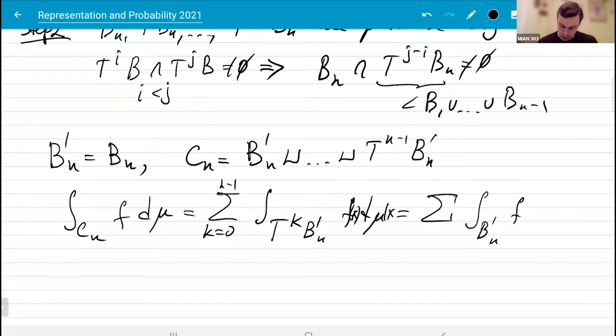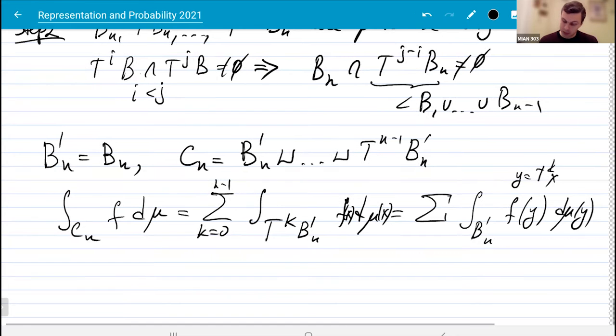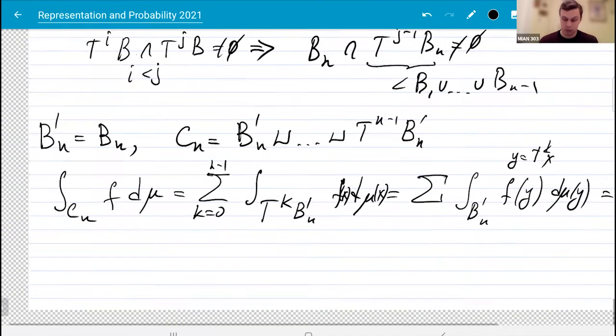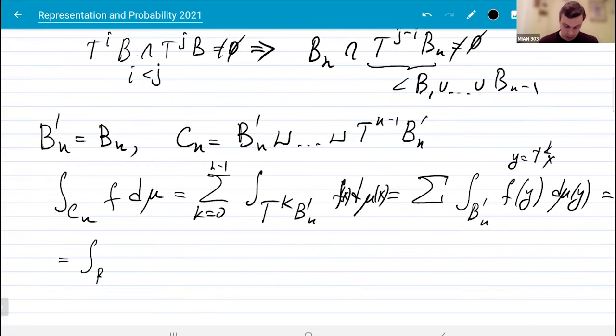Here y equals Tk of x. And here I want to join the integrals again. So now the set where we integrate is the same, and so I put the sum inside, and inside I have f of y plus f of Ty. Oh, I'm sorry.